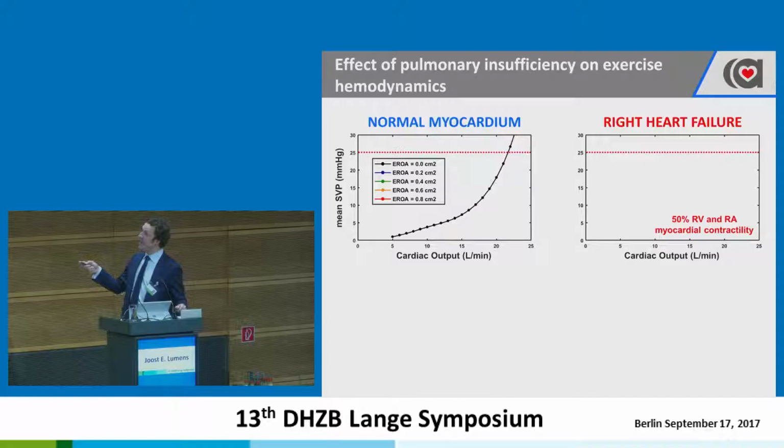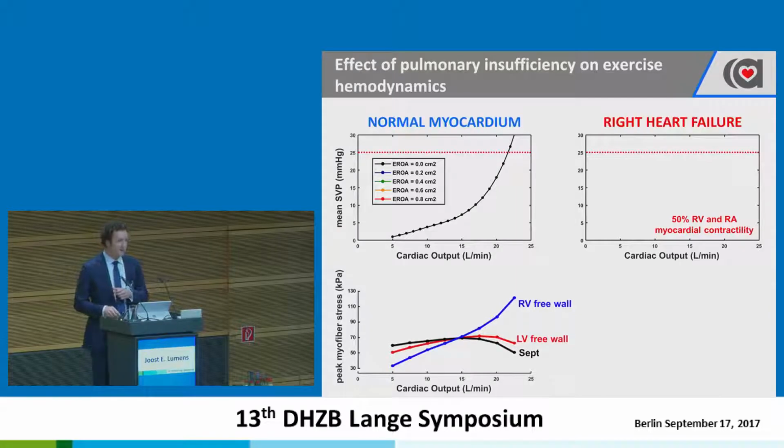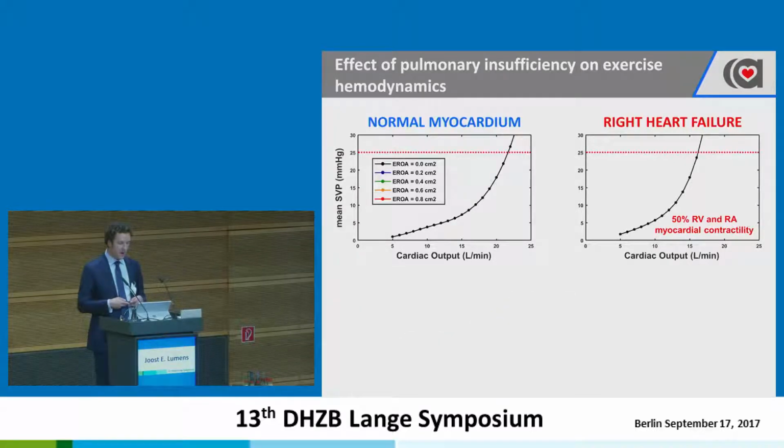Then, in the normal case, with a competent valve, we see this behavior. And the reason why it non-linearly increases at very high cardiac outputs is because the RV becomes overloaded relative to the LV. This is what I explained already before. So now let's introduce more severe RV failure.